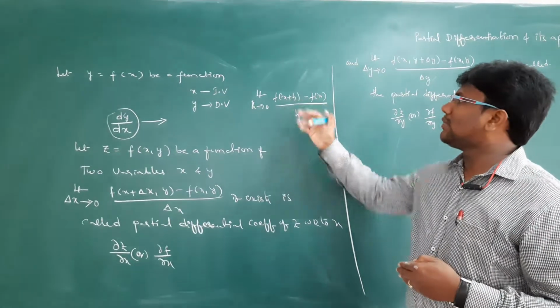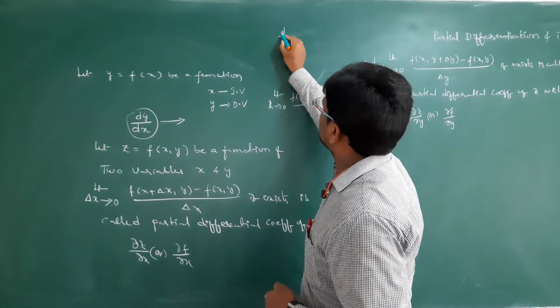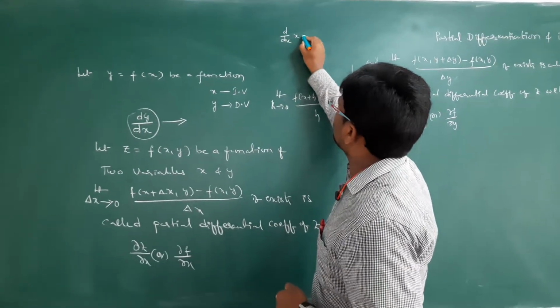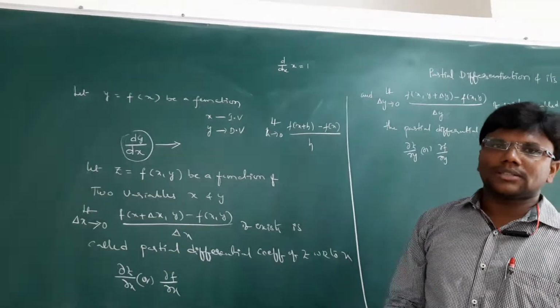Suppose we want to find the derivative of x: d by dx of x is equal to 1. How do we get this?